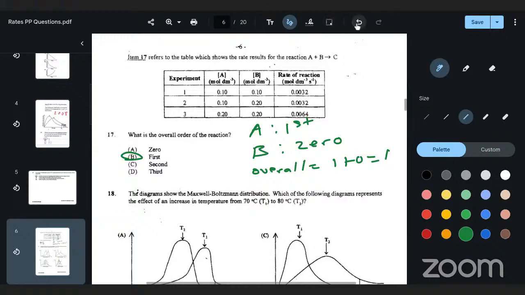Let me clear this off, so when I save it, it's not there. All right. So first order.